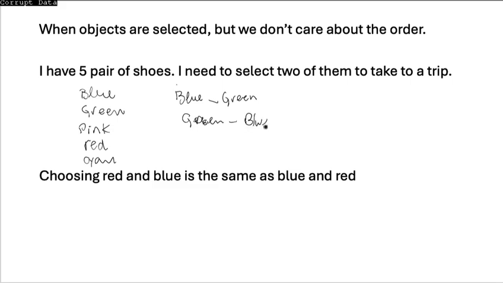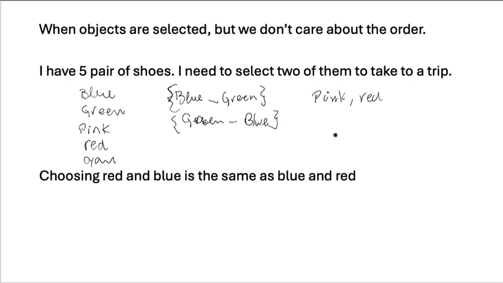This is a group of 2 pairs, and whatever is inside, it's the same. I don't care about the sequence of my actions. I just care about the result of my actions. So if I take to my trip the pink and the red, it doesn't matter if I took pink and then red, or red and then pink.